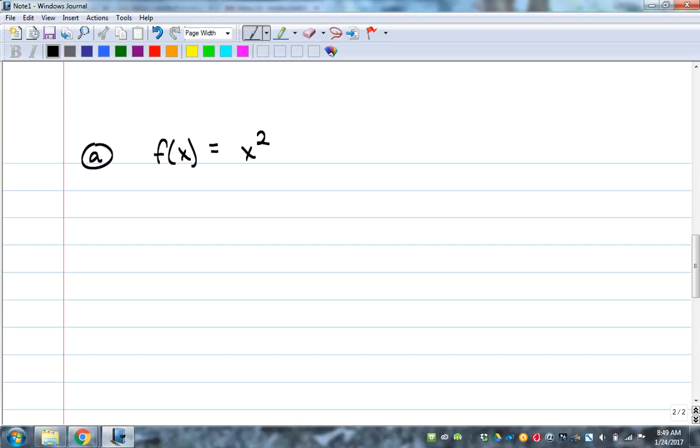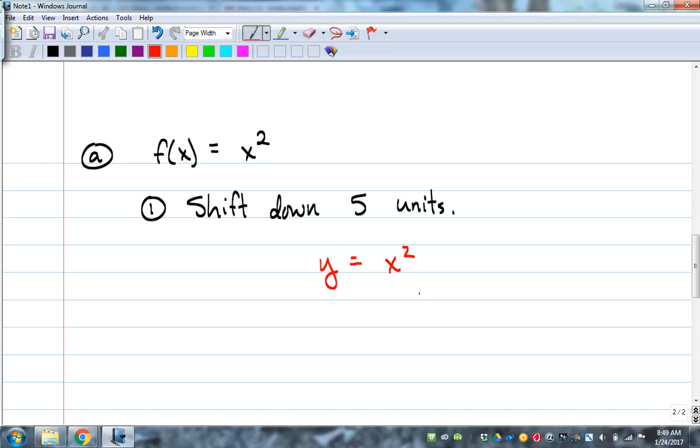So the first thing I want to do is write the equation if I shift it down 5 units. From what I wrote down at the beginning, if I'm going to shift down, I'm going to add or subtract to the outside of the original function. So shifting that down 5 units, I'm taking x squared and I'm going to do something to the y values.